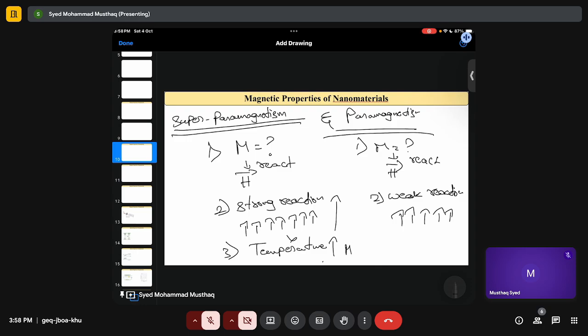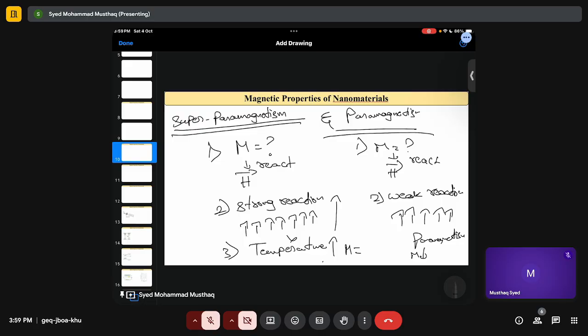My whole magnetization will get destroyed, but not to the extent as in paramagnetism. So the main difference is this temperature application. Whenever you give some energy, these spins will just orient in random directions, and they will destroy the magnetization to a much larger extent when compared to paramagnetism. So that is the main difference between superparamagnetism and paramagnetism.